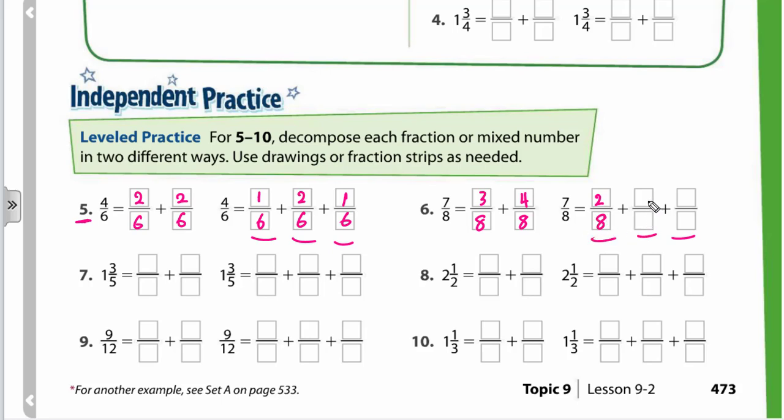Eighths. Okay, plus 1/8. Plus 4 eighths. Yes, these form 7/8. Thank you, my hero. Great work.